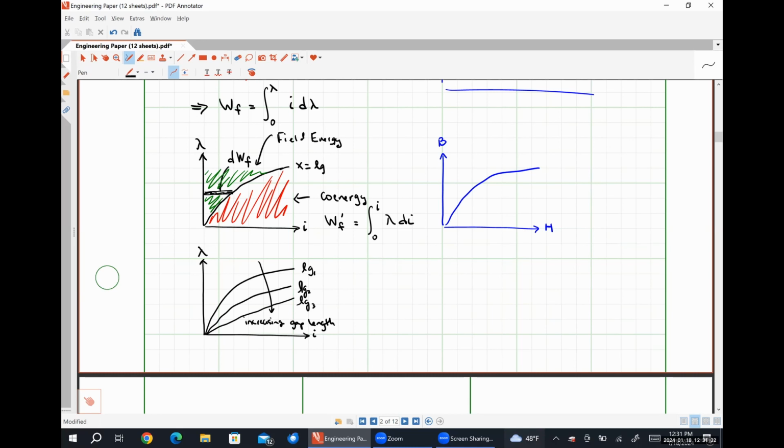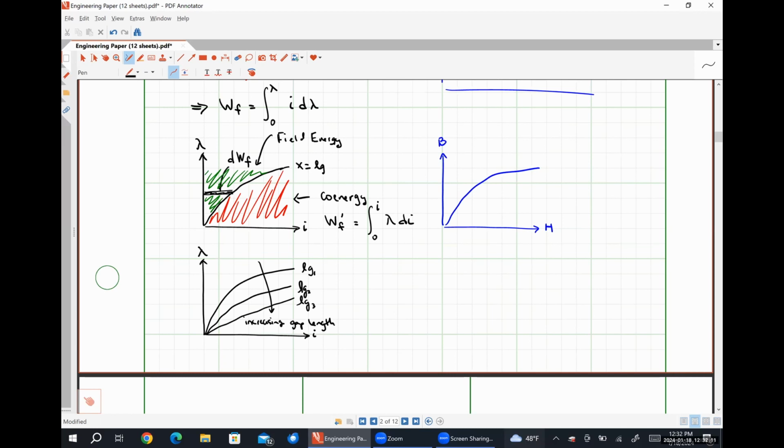The relationship between our flux linkage and current becomes more linear, which inherently means that our relationship between our B field and our H field also becomes linear. And this is actually something that we talked about with an example problem when we were looking at BH curves and air gaps and inductance. We said that the air gap tends to linearize the inductance, and that linearization of the inductance is literally linearizing the relationship between flux linkage and current.